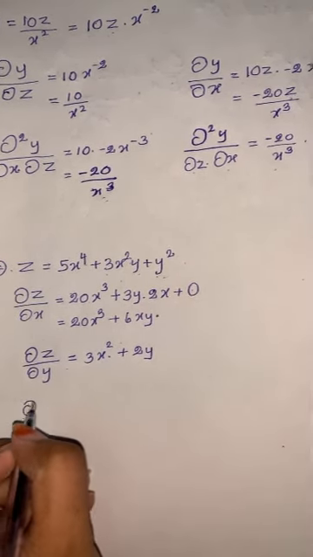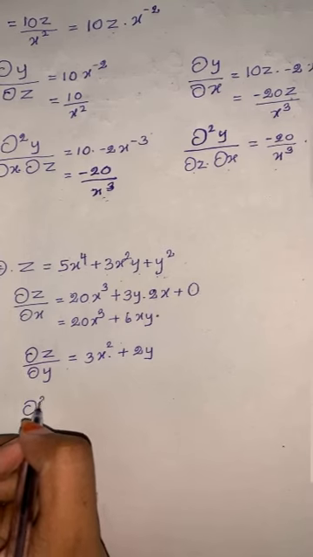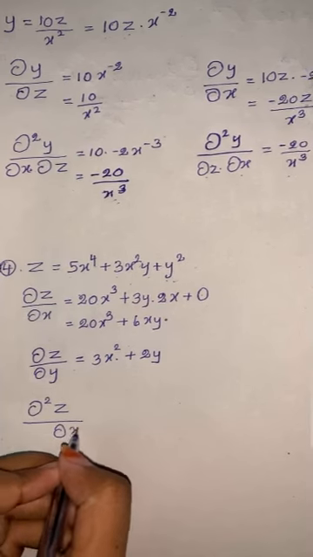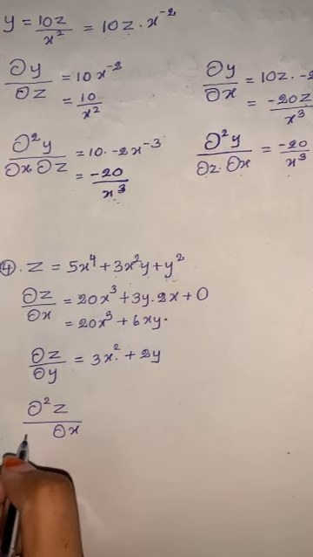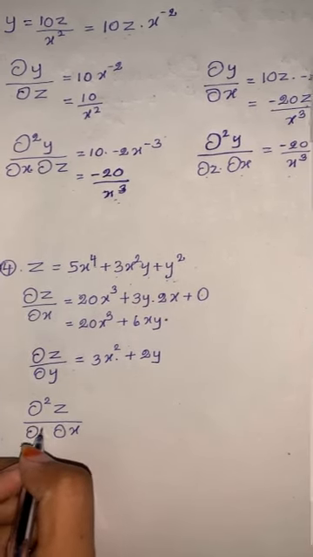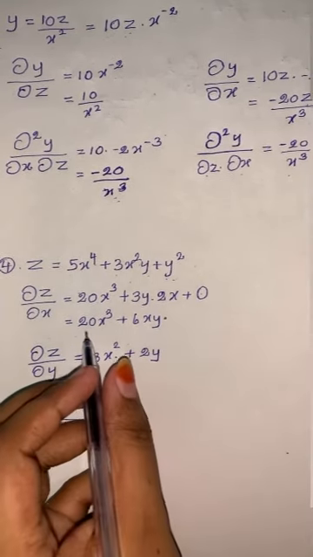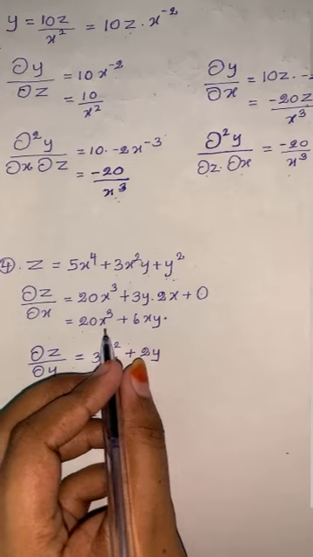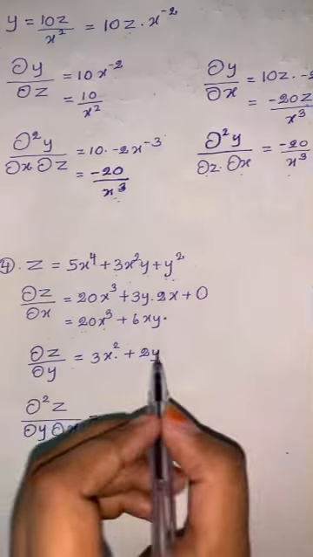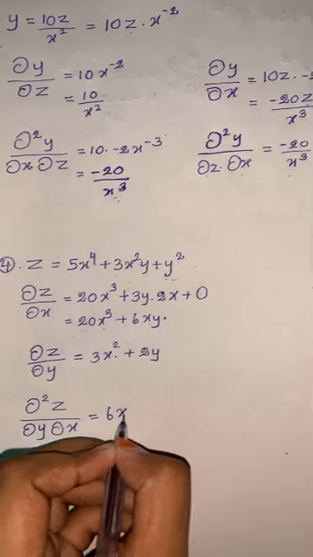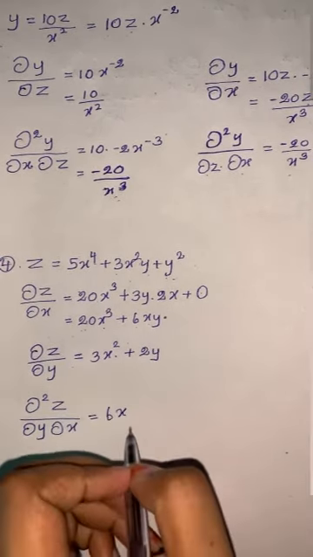Okay, let's cross check whether our answer is right or not. So here we take ∂z over ∂x with respect to y. So here this one will be 0, this component will be 0, and 6x is into 1.